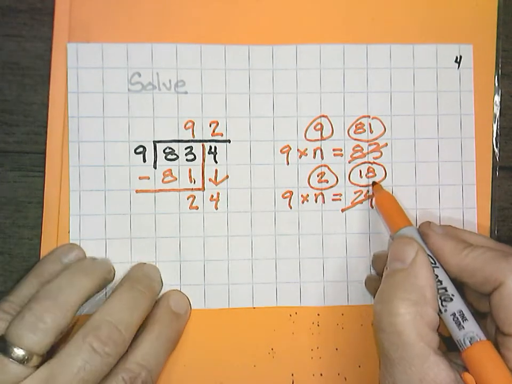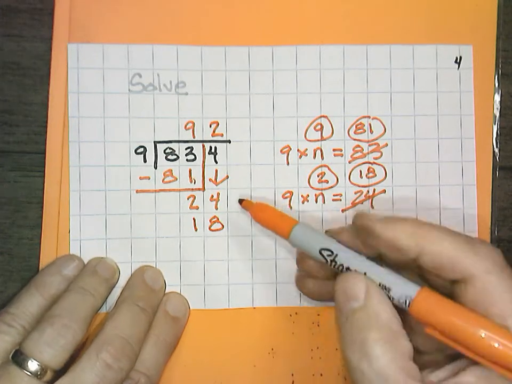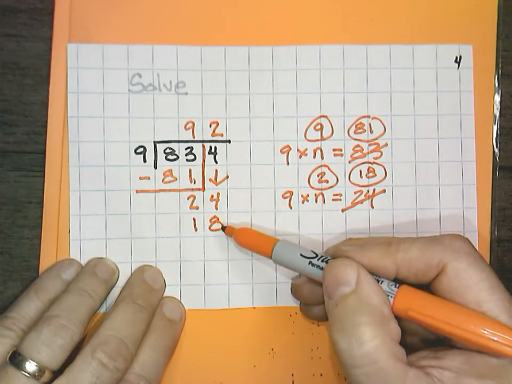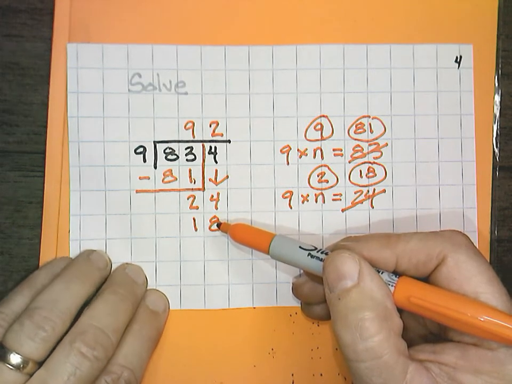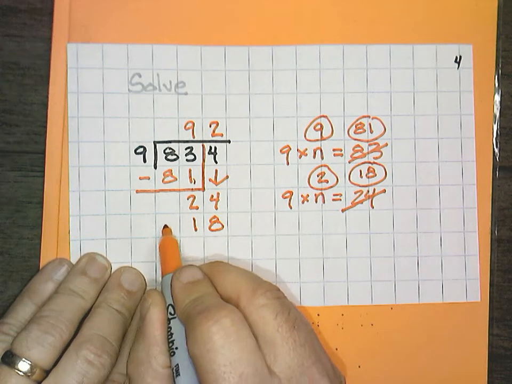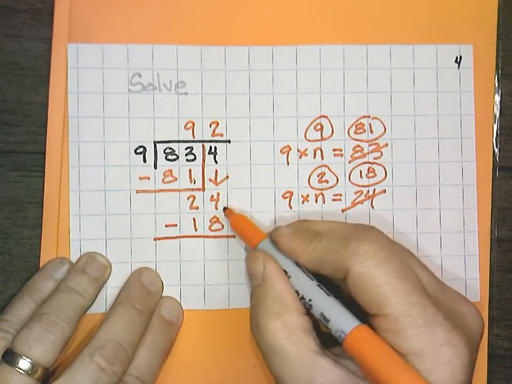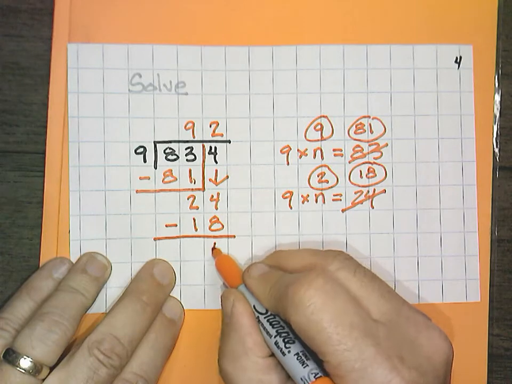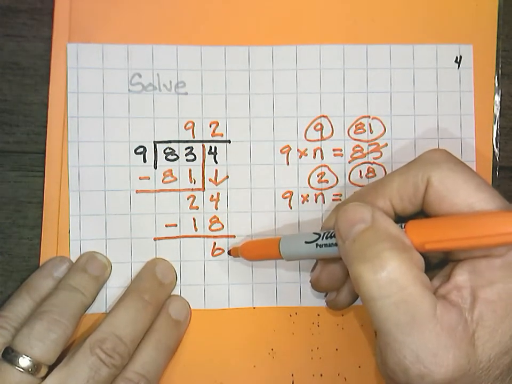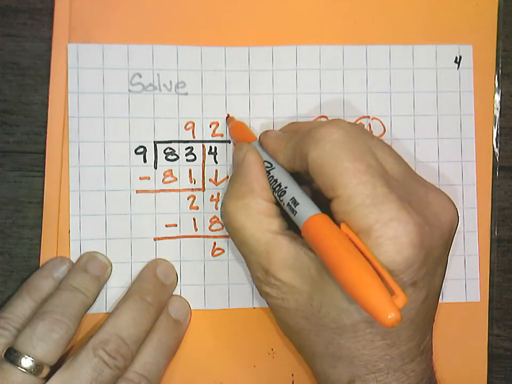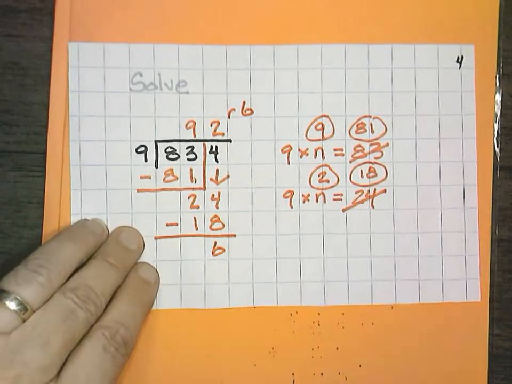And our 18, again, look at that. They're not the same, right? And if they're not the same, it means they are different. In math, difference means subtract. And if you work through your steps, you're going to get 6. Notice that 9 does not go into 6, okay? So the 6 is our remainder. So our quotient is 92 with a remainder of 6.